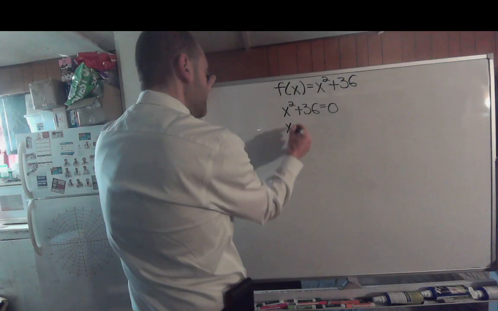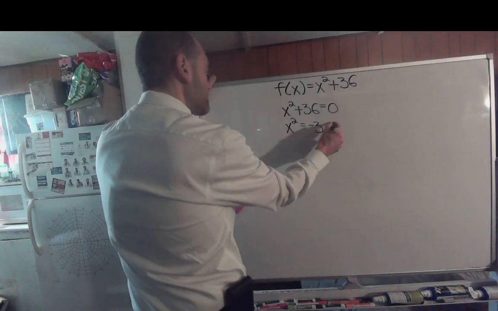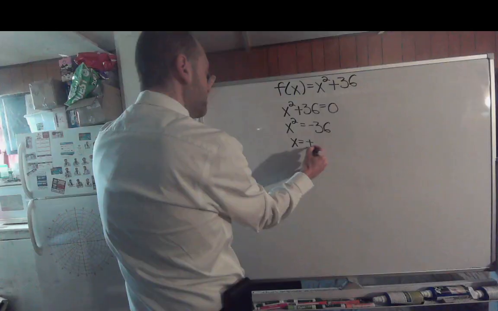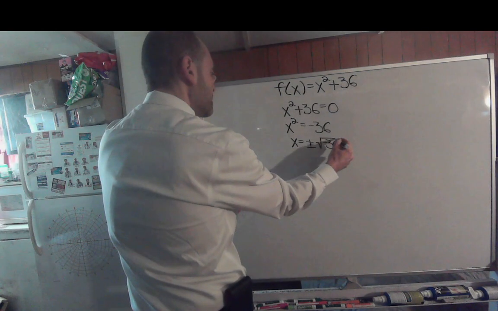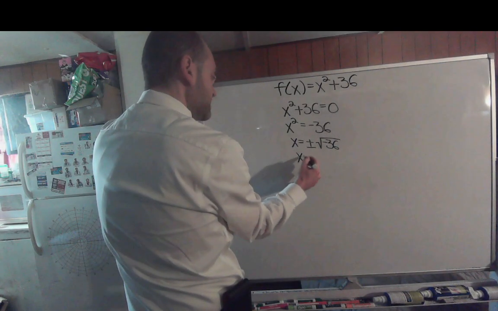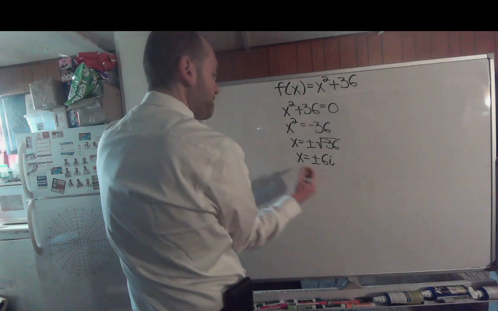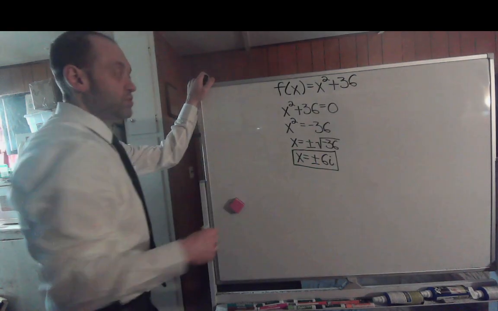So this would turn into x squared equals negative 36, which would give you that x equals plus and minus the square root of negative 36, which would give you that x equals plus and minus 6i. So there's your solutions for x.